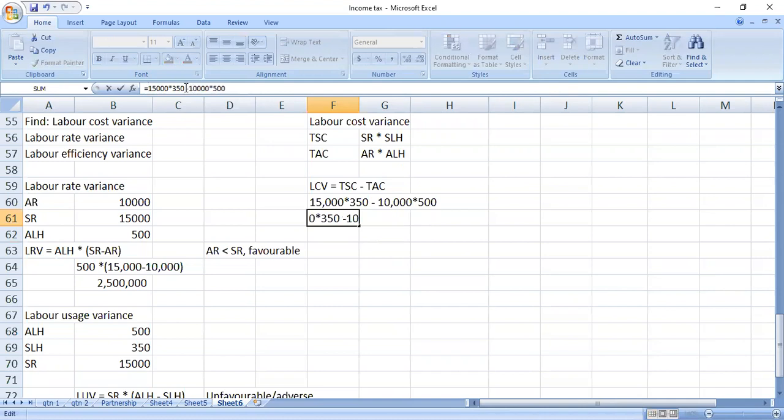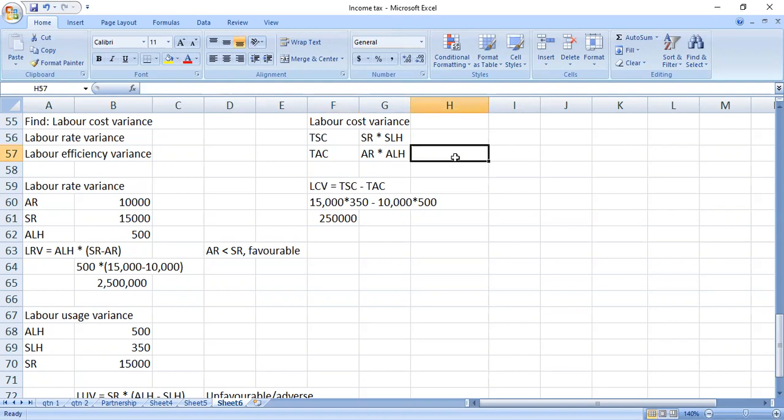Favorable or unfavorable? Okay, it's 250. Since no one is commenting, we're clearly saying here the total standard cost is higher. Someone is saying it's favorable. They're saying it's favorable for obvious reasons: you're spending less than what you budgeted for. Hence favorable.